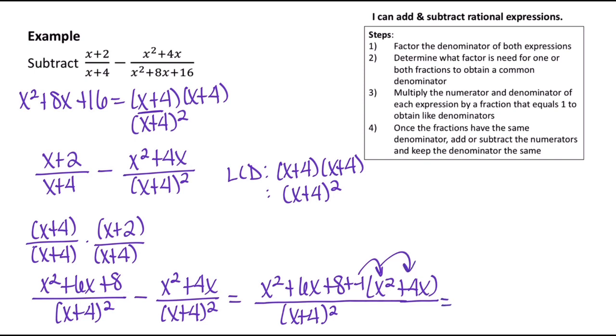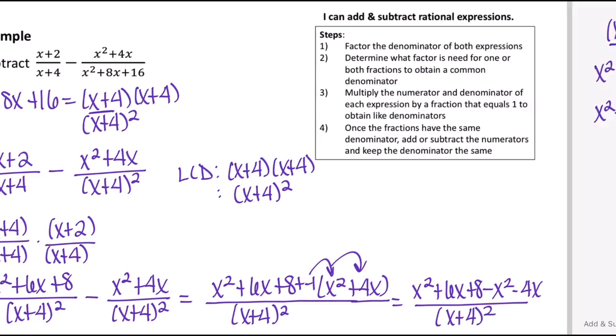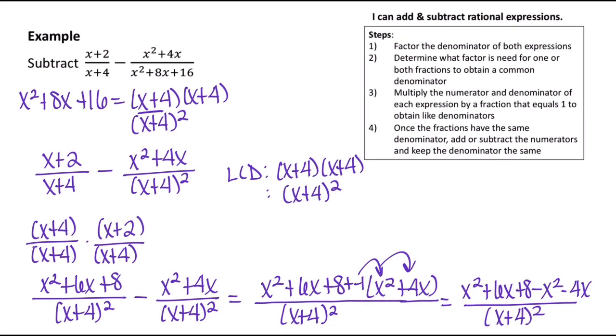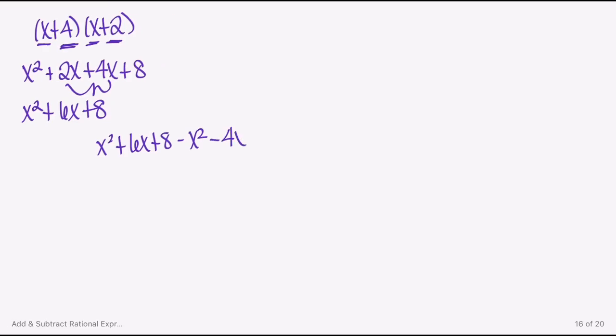So this is going to become x squared plus 6x plus 8 minus x squared minus 4x all over x plus 4 squared.